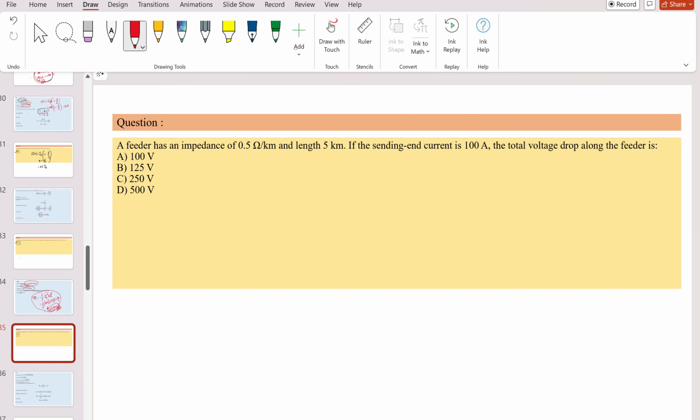Now you have to see what the voltage drop will be. Option C.